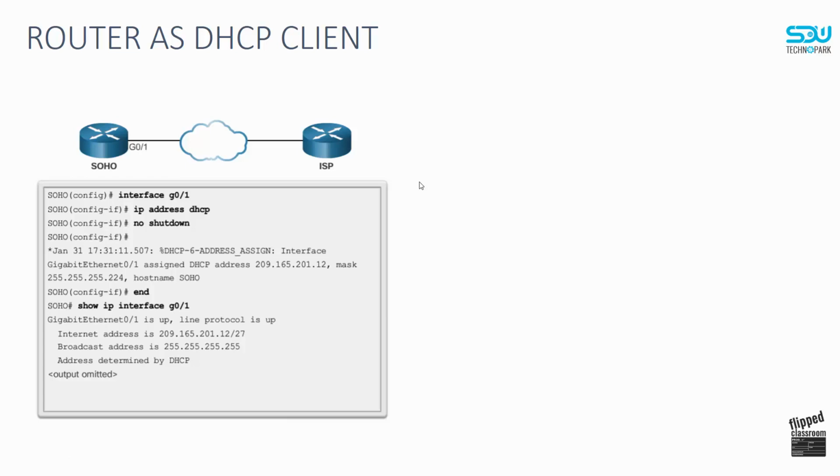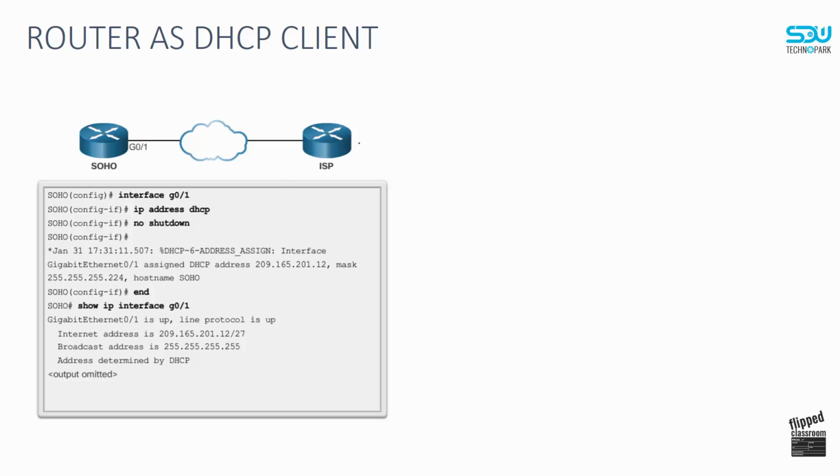Also, guys, our routers can work as DHCP clients. So all you need to do is go into the interface of the router, and your router can be configured with the IP address DHCP command. Well, you can ask in which cases it is needed.